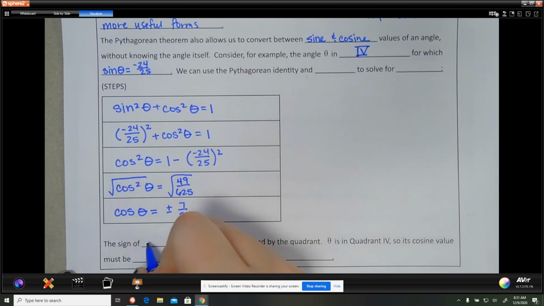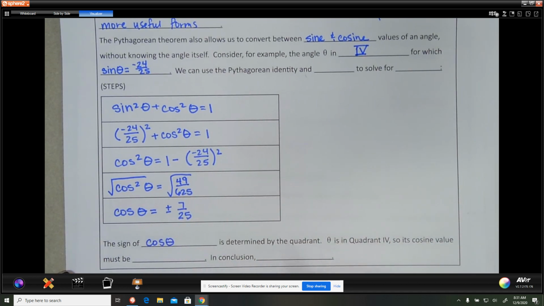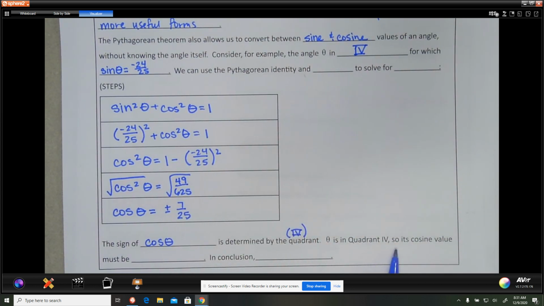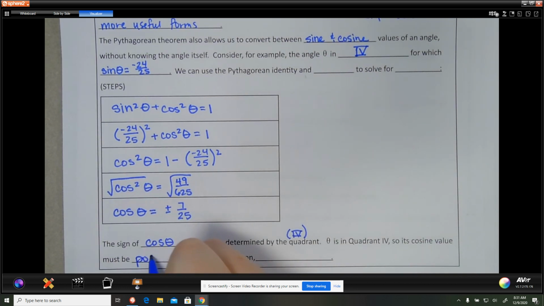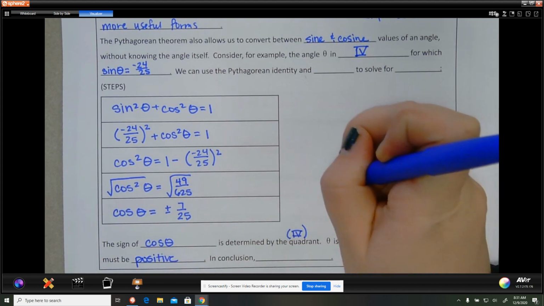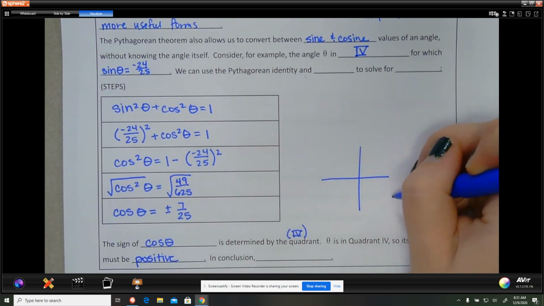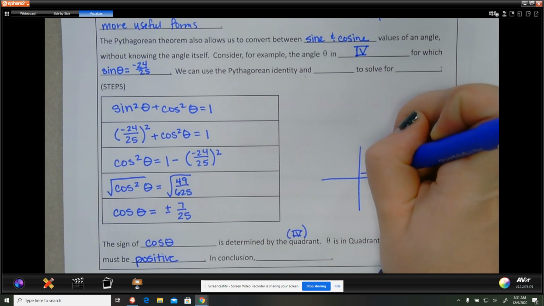But the sign of cosine theta is determined by the quadrant, which is quadrant 4. So if we're in quadrant 4, the cosine value must be positive. Okay, and I'm going to draw a little picture to show you how I know this. We're in quadrant 4 over here. Our x is positive.